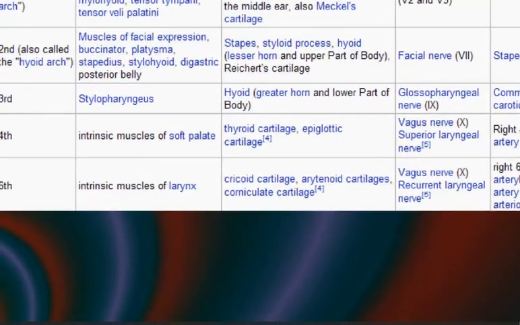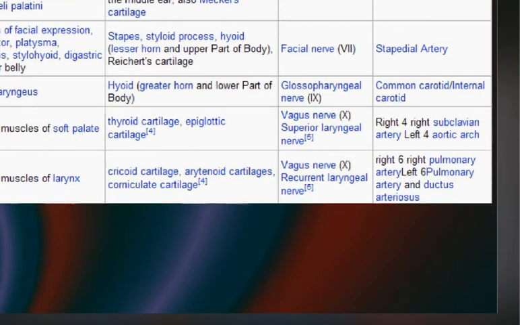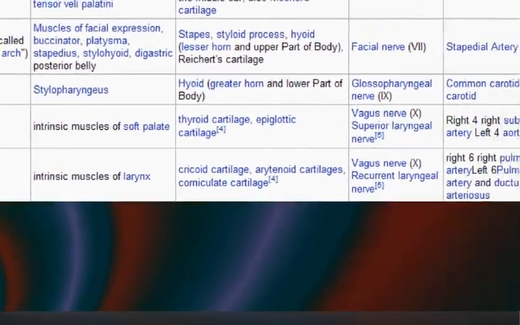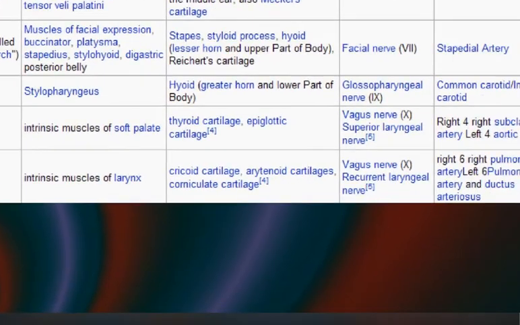Sixth arch gives rise to intrinsic muscles of the larynx. Skeletal contributions of the sixth arch, cricoid cartilage, arytenoid cartilages, and corniculate cartilages.